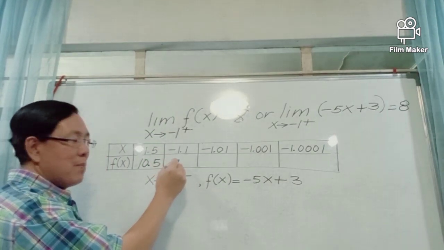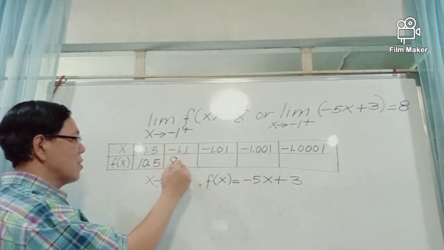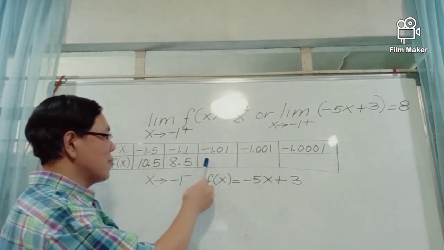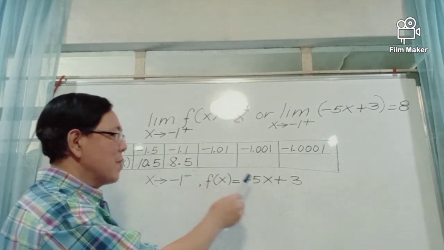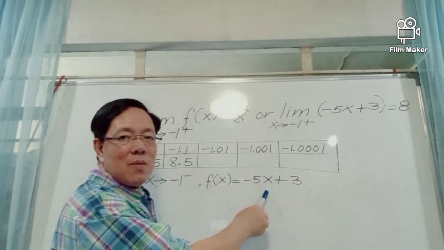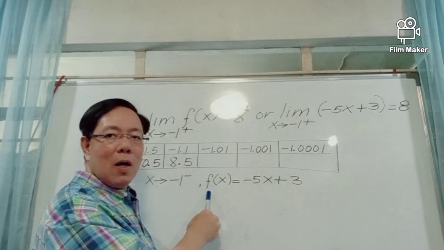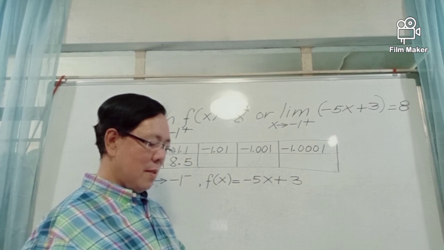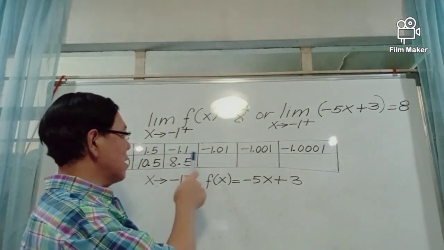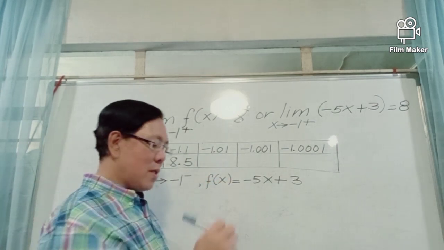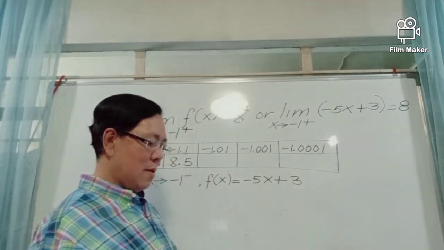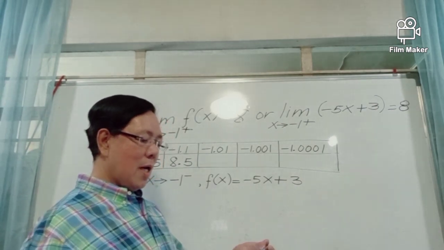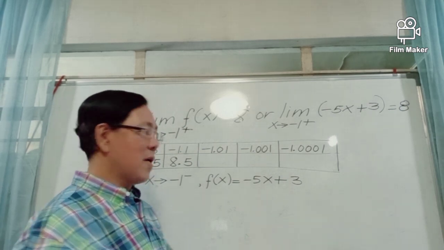When x is negative 1.1, the value of the function is 8.5. Next, we assign negative 1.01 to x, and we replace x with negative 1.01 to get the value of the function f. We do that: negative 5 multiplied by negative 1.01 plus the constant term 3, and we get 8.05.